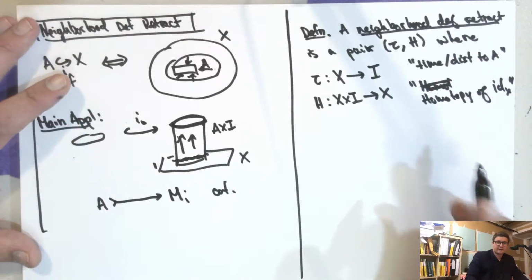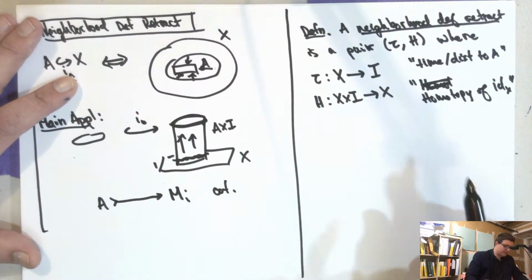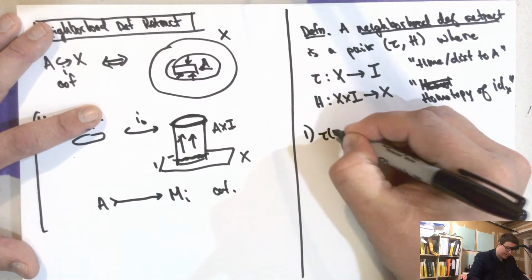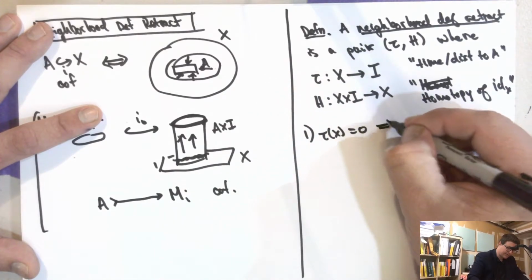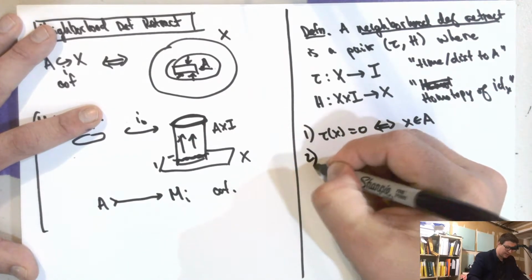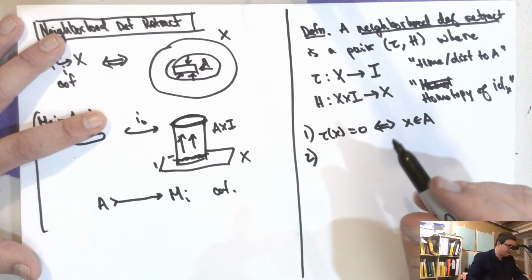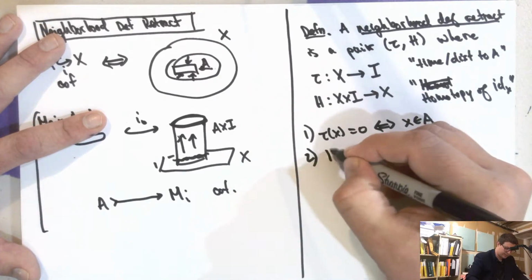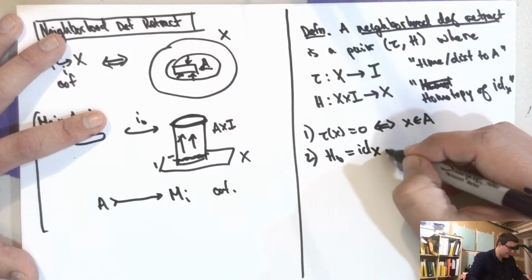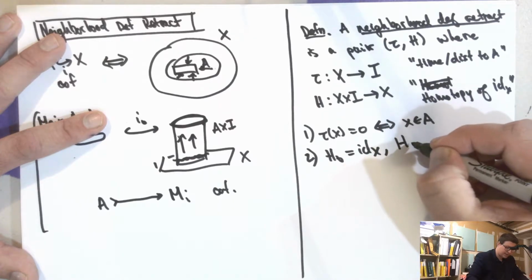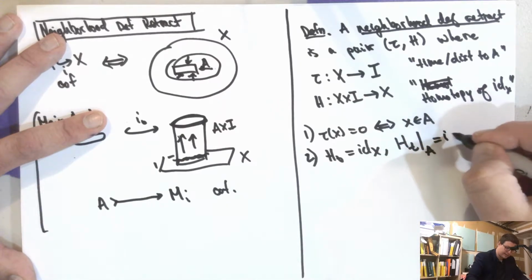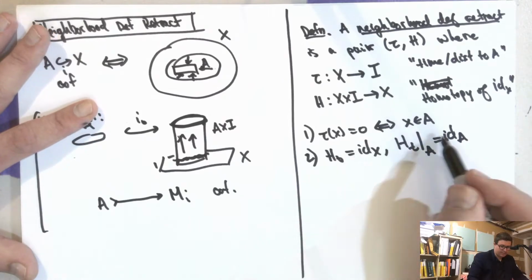Okay, and so let me say more precisely what these conditions are. The conditions are that tau of x is 0 if and only if x is in A. We'll have that H0 is the identity on X, and that Ht relative to A is the identity on A. So it fixes A, and at the bottom it fixes.